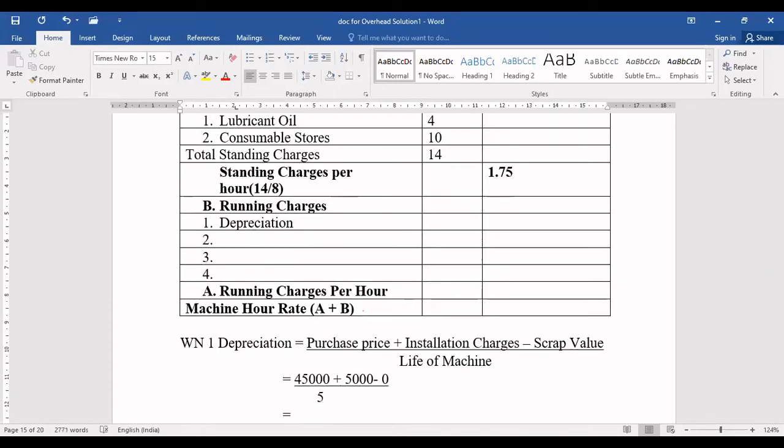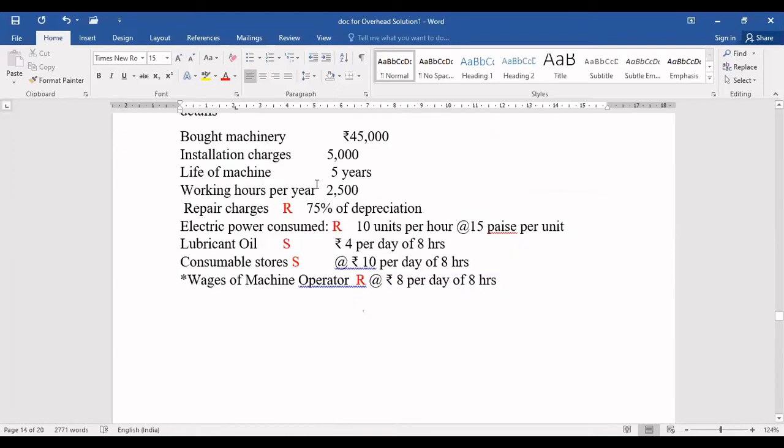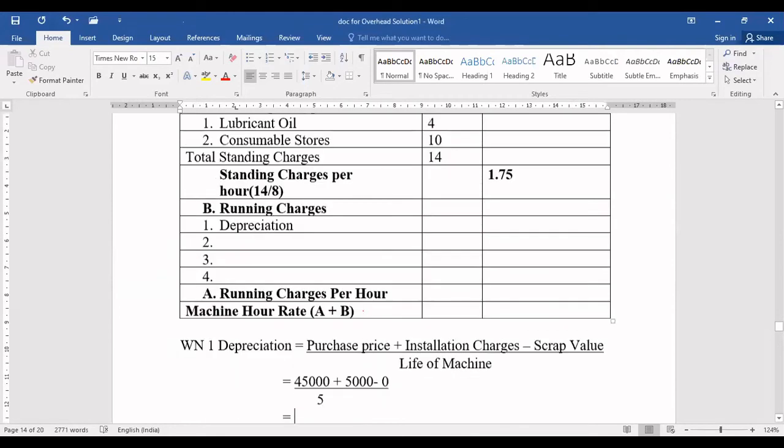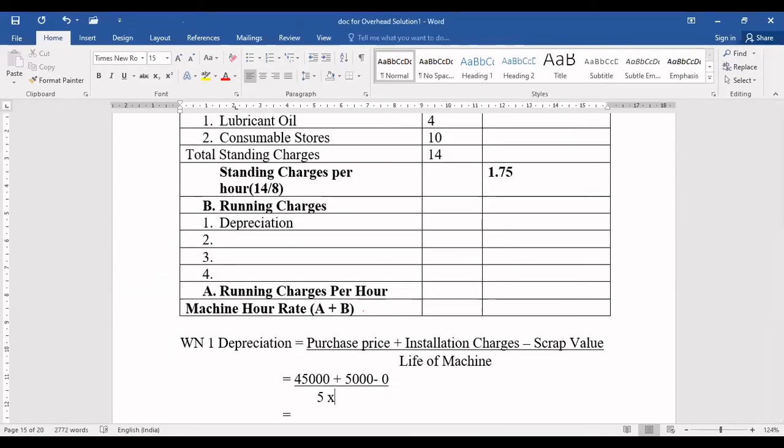Come on, replace the value and tell me. 10,000. Now, this 10,000 is for 1 year. I want depreciation per hour. In a year, how many number of hours is given? 2,500. So to find out for 1 hour, we have to multiply the denominator by 2,500.